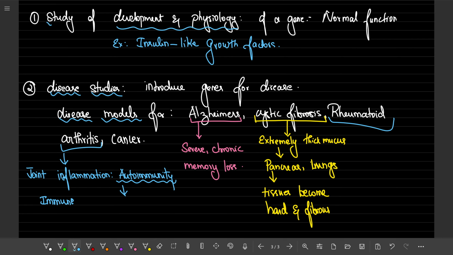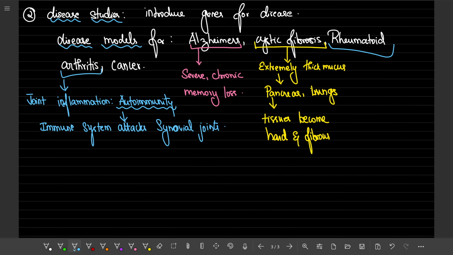It's an autoimmune disease where the immune system attacks the synovial joints. So now we have disease models. Means what? We have induced all these diseases in the organism. Okay. So what is next? For production of biological products.